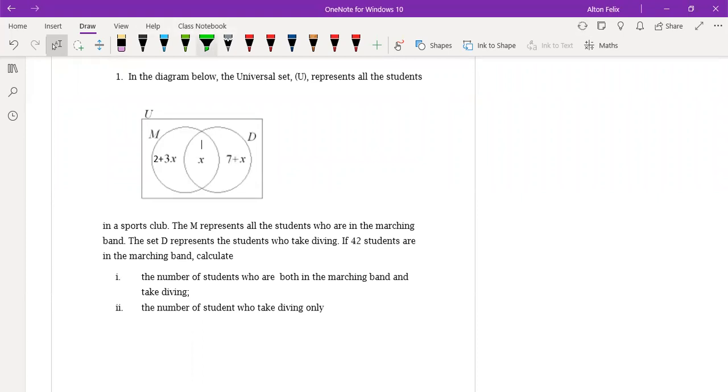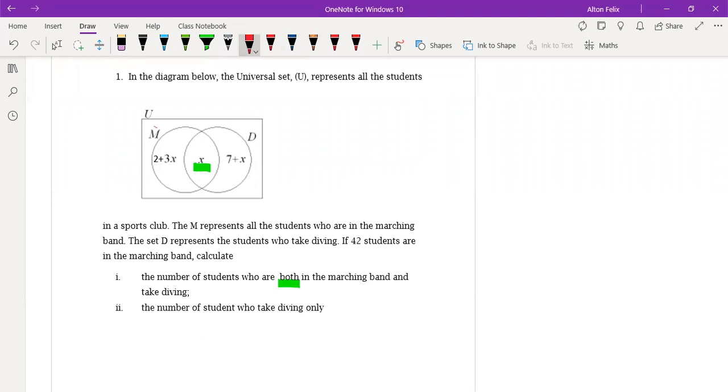So let us focus on what we are asked to do. We are asked to find the number of students who are both in the marching band and take diving. And that will be the overlapping region represented by x in the question. We are also told that 42 students are in the marching band.